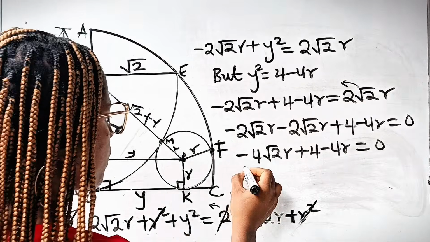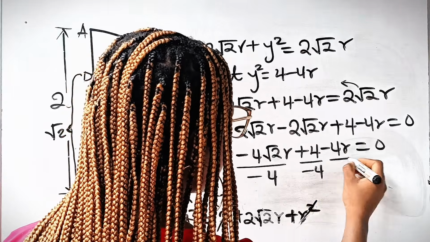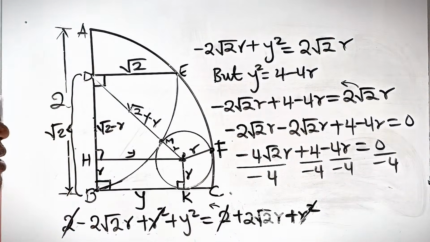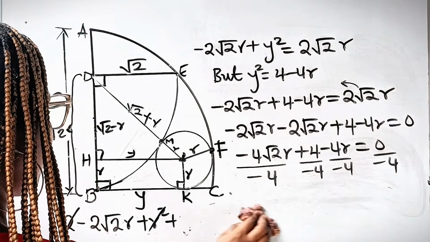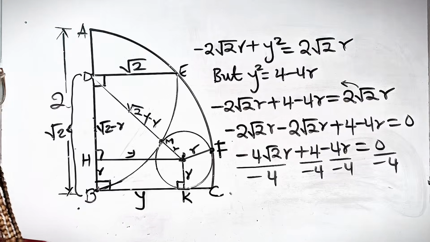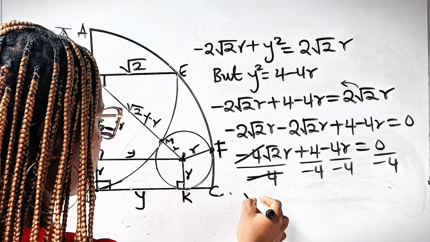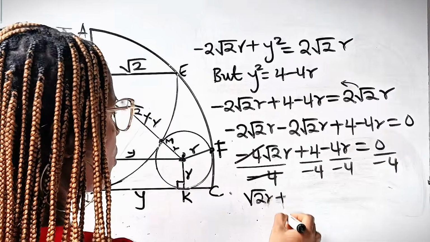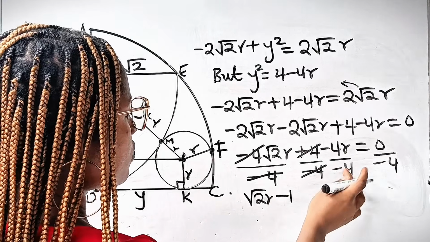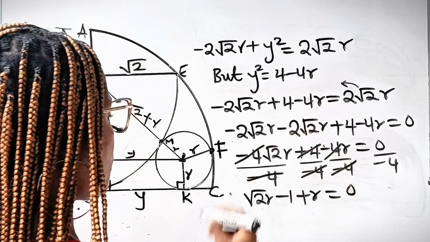We're almost there. All right. So we have root 2R plus, this will give us negative 1, and this will give us plus R, and this is 0.